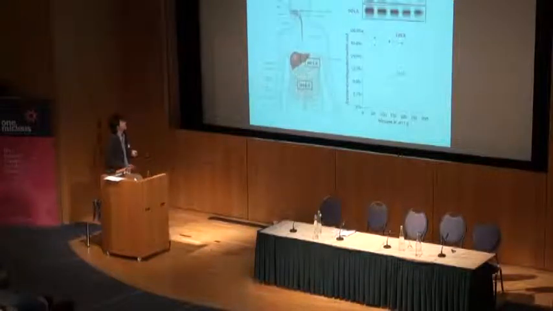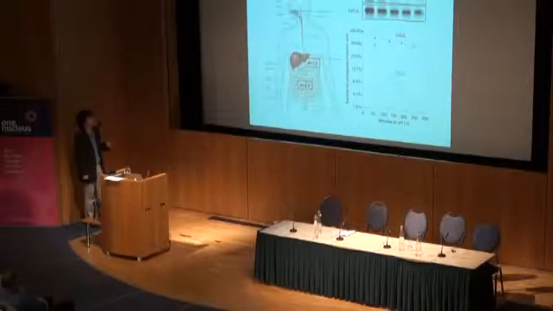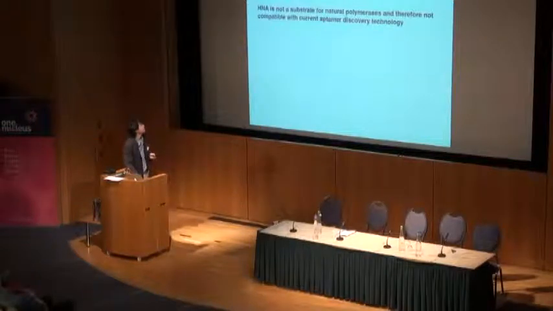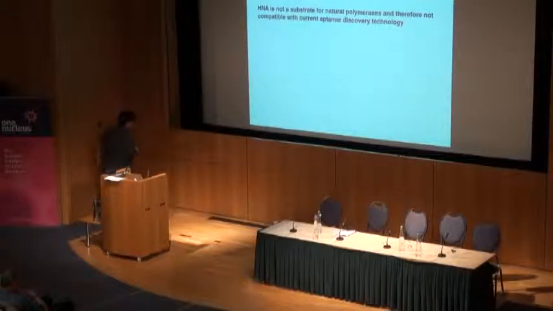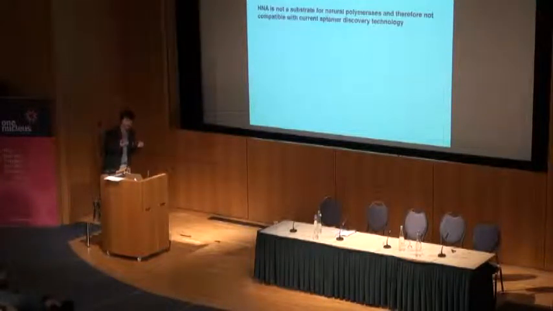They also are impervious to depurination, which would happen to DNA exposed to low pH. You can see exposure to pH 1 and then pH 9, as in passage through the digestive system: DNA goes very rapidly, while HNA is much more stable. But there's a problem, because HNA is not a substrate for natural polymerases and is therefore not compatible with the type of discovery technology that we need to make aptamers.